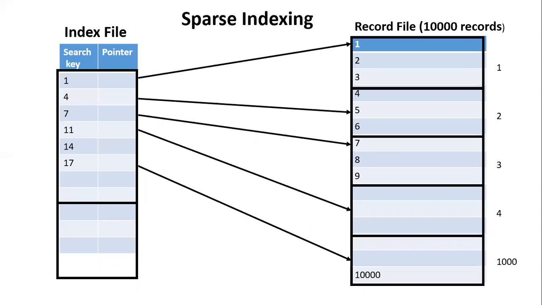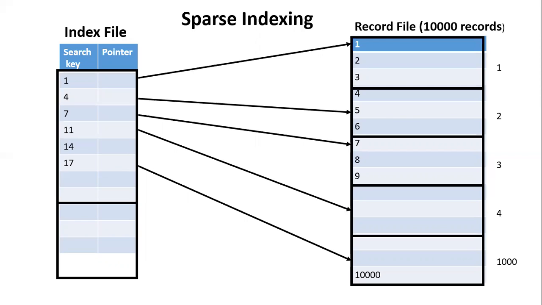You can see here we have a record file which is in sorted order. Okay, you can see 1, 2, 3, then in the next block 4, 5, 6, in the next block 7, 8, 9. And you can also see in the next file a very small number of index entries are there.